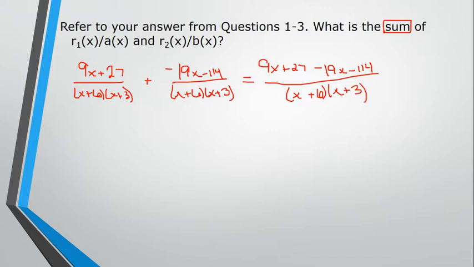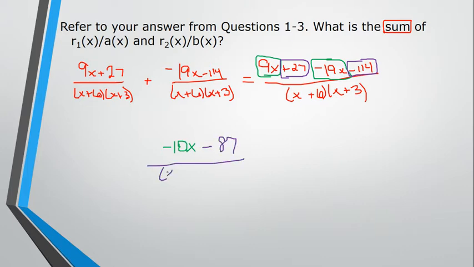And then the last thing we need to do is simplify our numerator. So we need to add our like terms. We have a 9x and a negative 19x. So 9x minus 19x is negative 10x. And then we have a positive 27 and a negative 114. So positive 27 minus 114 is negative 87.